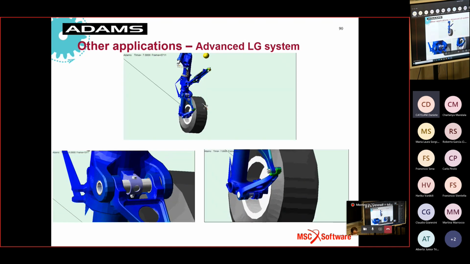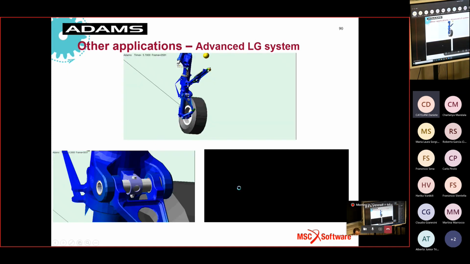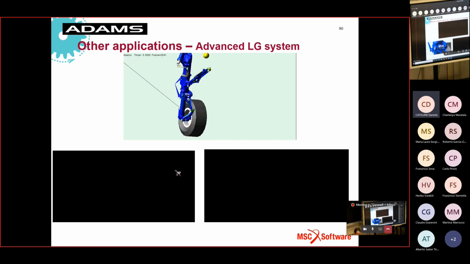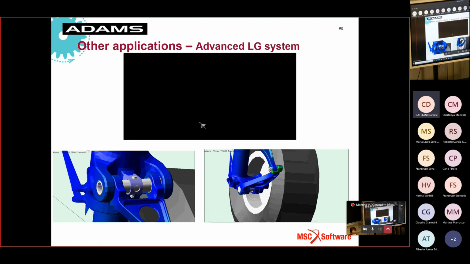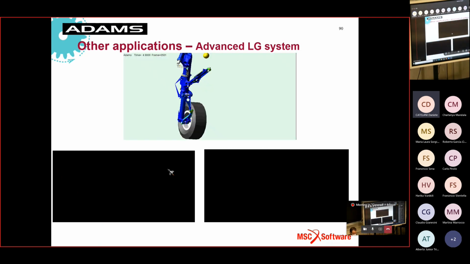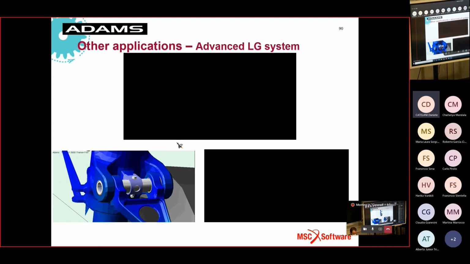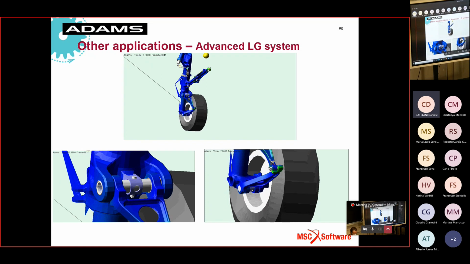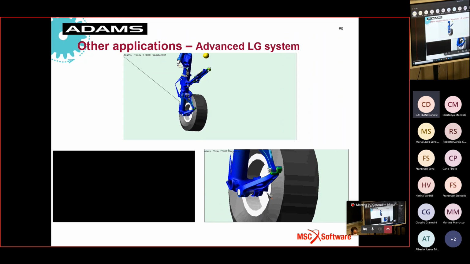Here we have a landing gear of a famous Italian fighter, and we have many flexible bodies during the landing and runway maneuver. We have a contribution of the brake system, which is coupled with the vibration of the flexible body, and everything starts to vibrate too much.